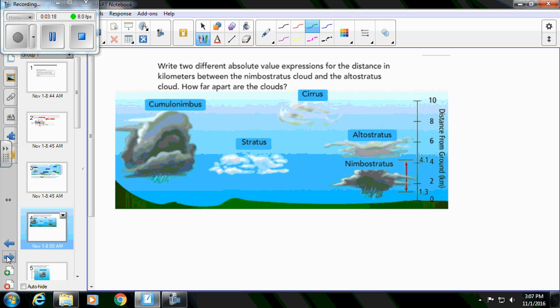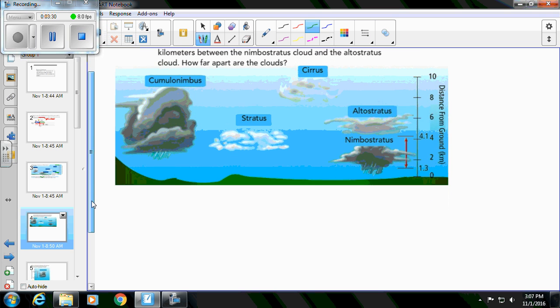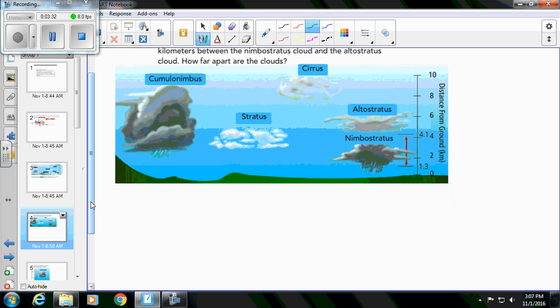Okay, here they want us to write two absolute value expressions for the distance in kilometers between the nimbostratus cloud and the altostratus cloud, and how far apart are the clouds. So, the altostratus cloud to the nimbostratus clouds, how far apart are they?